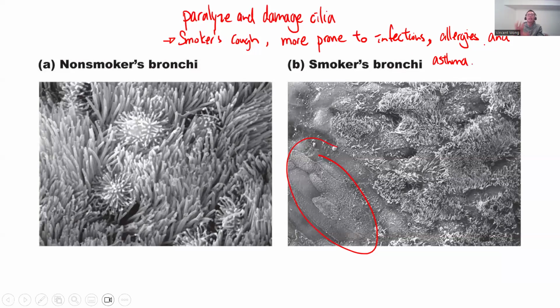Because they don't have a way to clear out the airway, right? So if there are pathogens that are stuck in the airway, they're going to be able to colonize. Without the cilia, there's a whole empty patch there. They would attach and infect. The pollutants, the allergens, all these things can stay in the airway, triggering allergies and asthma. This is irreversible. Once the cilia are gone, they don't come back.